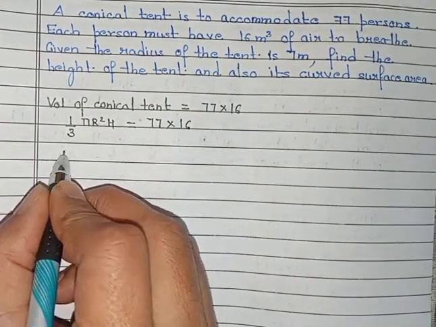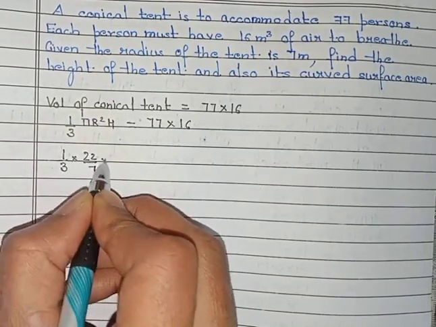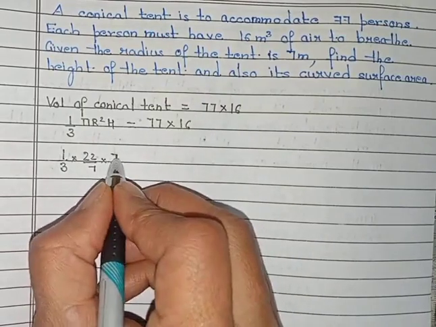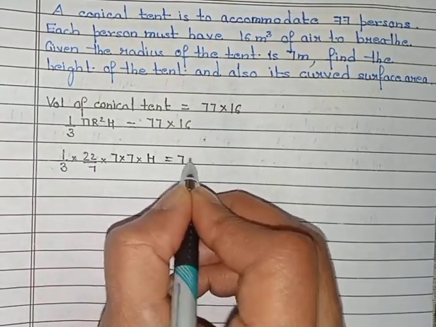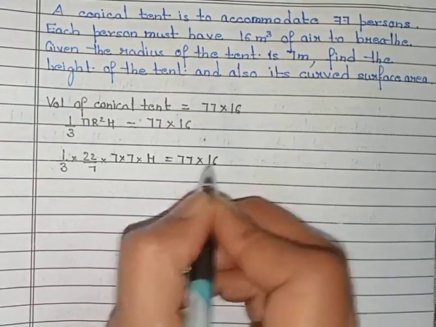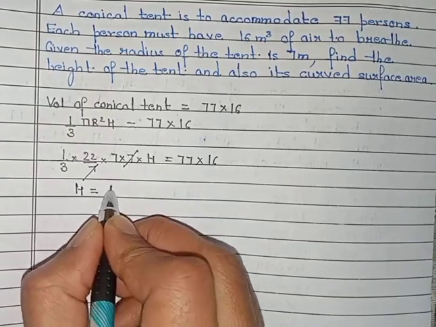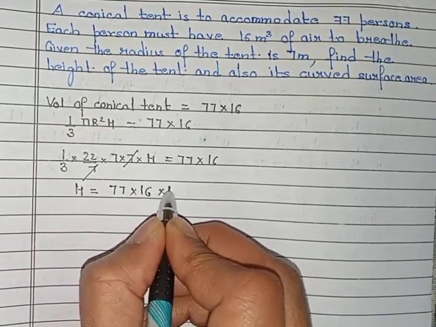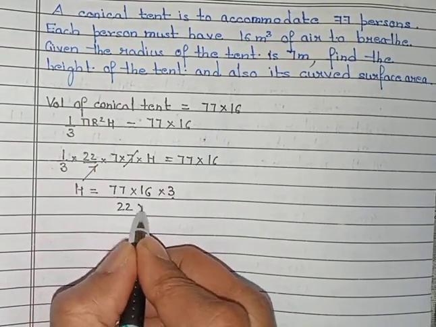Now substituting the values, pi is 22 by 7, and the radius of the tent is given as 7. From here we can get the height of the tent. When you cross multiply, you get 77 into 16 into 3 upon 22 into 7.